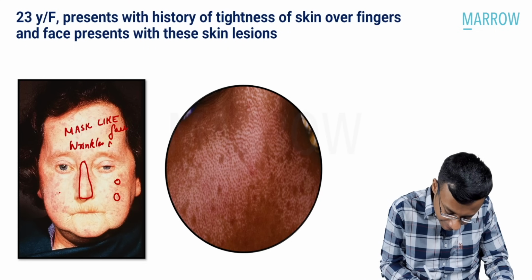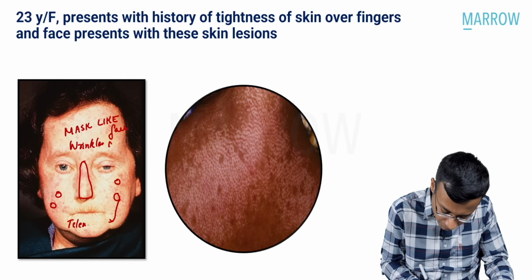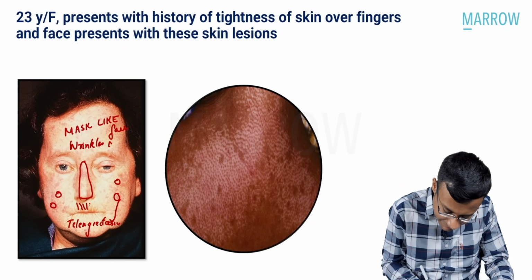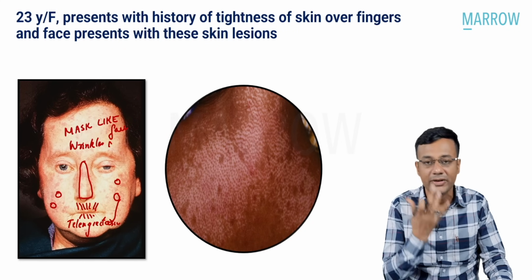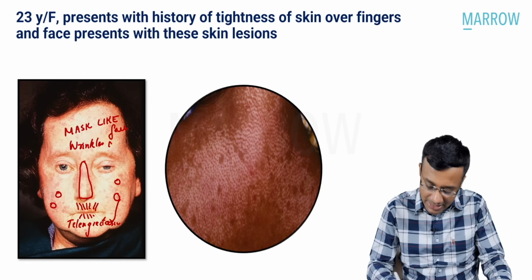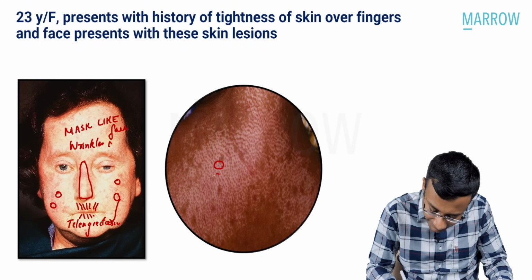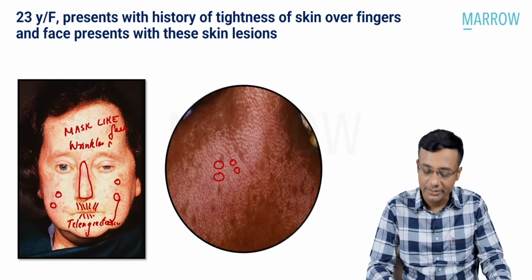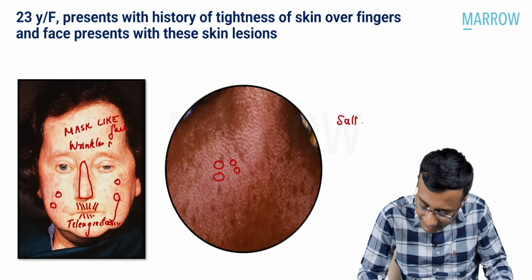You can see multiple reddish spots which are talking about the telangiectasia, dilated blood vessels, and then you can see these perioral furrows. There's a lot of fibrosis happening in the skin over the face. So that's a mask-like facies, and you get both white and brown pigmentation together. This is called as salt and pepper pigmentation.